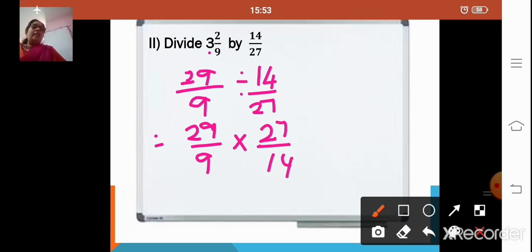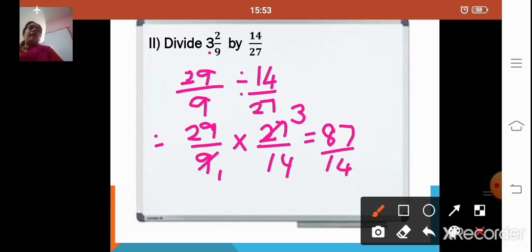Now 27 is easily divisible by 9. So 9 ones are 9, 9 threes are 27. Now multiply 29 into 3, that is 3 nines are 27, so 87 upon 14. Now 87 upon 14 is an improper fraction.